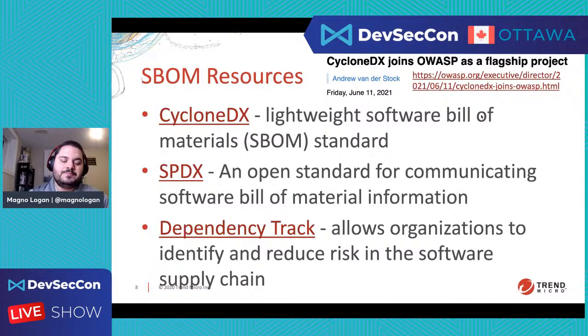Another one, which is not a standard but a solution, an open source project from OWASP as well, allows you to identify and monitor your SBOMs, which is Dependency Check. Dependency Check is one project, and we're going to see another one later, Dependency Track. So not to confuse both, they complement each other.